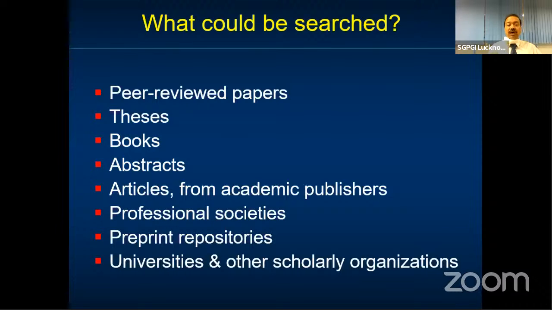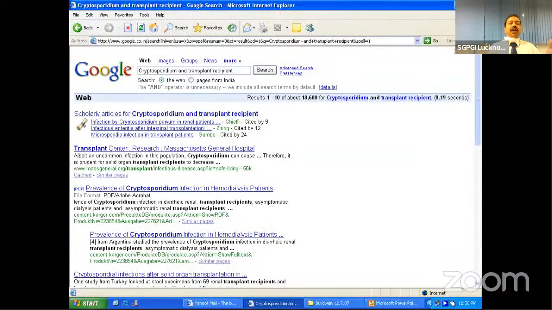But Google Scholar will take theses, books, abstracts, professional society uploads, preprint repositories, universities and other scholarly organizations. So what you get in PubMed is a very filtered thing. What you get in Google is the most unfiltered thing, and what you get in Google Scholar is in between.